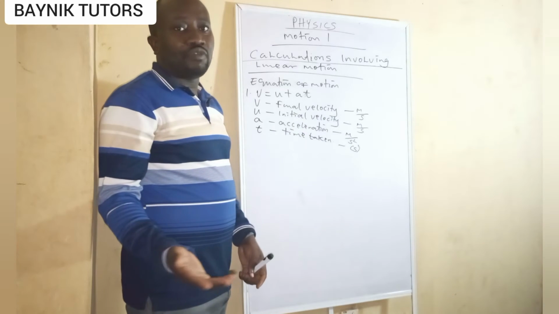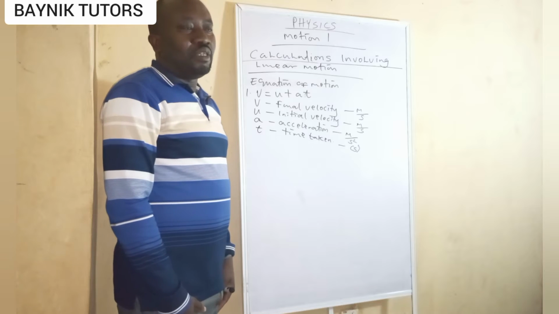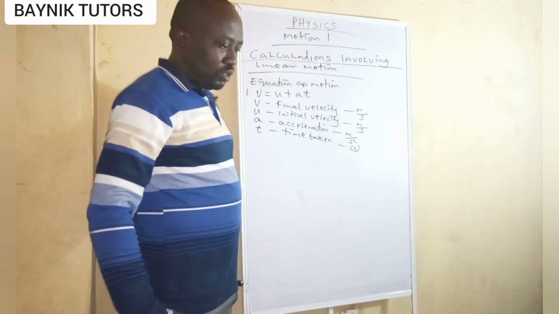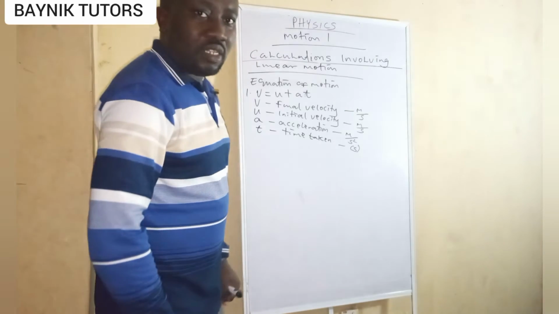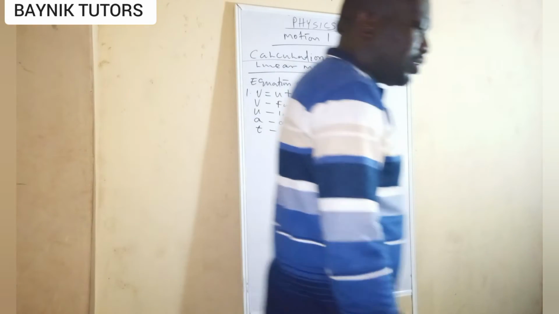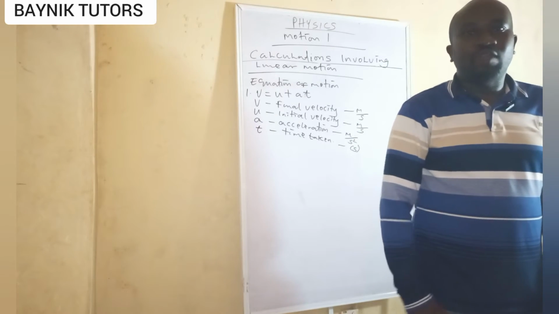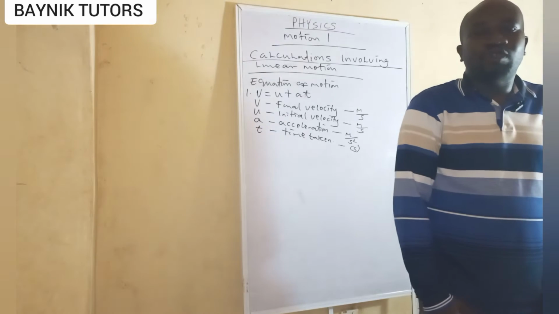For example, for the initial velocity, imagine that I'm starting here and I want to move from this point to the other point there. As I stand there, my initial velocity is 0. If I move like this to the other side, my velocity can be maybe 4 meters per second, and that will be my final velocity, provided that's where I'm going to stop.